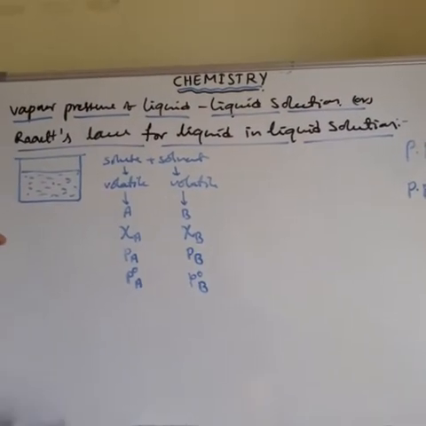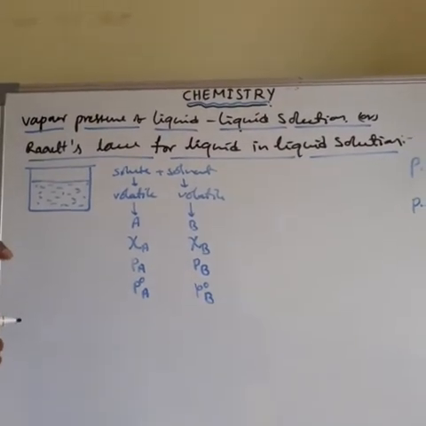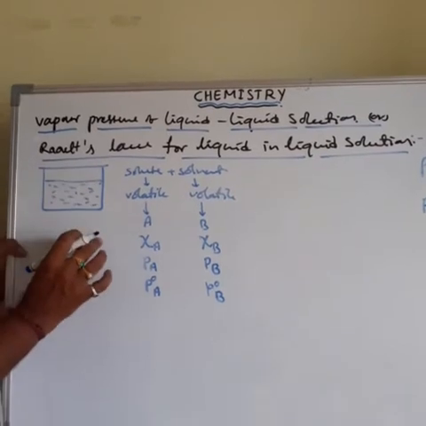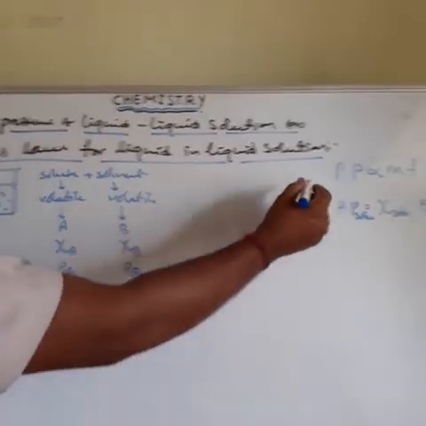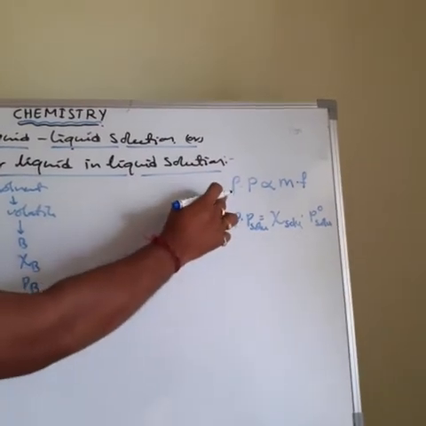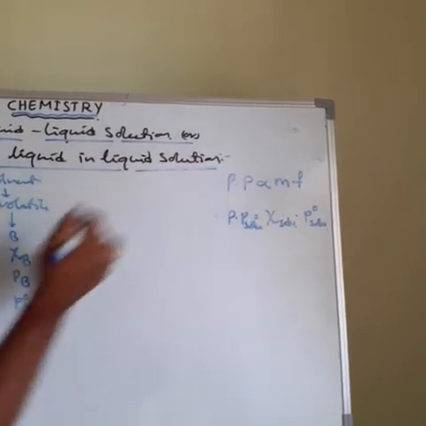Understand what I said? Next, according to Raoult's law statement, the partial pressure of each component in the solution is directly proportional to its mole fraction. This is the first statement, and this is the second statement; both are the same.